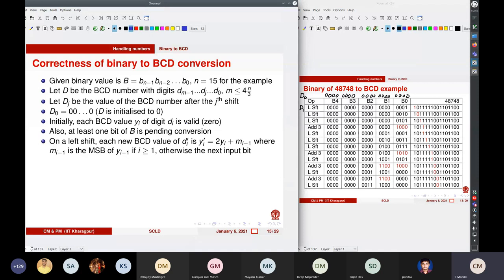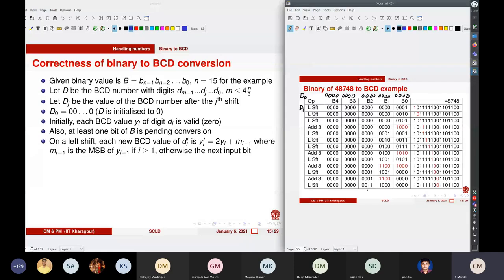So it is 2yi. This is a digit, di. If you look at this, the value is getting updated as follows.